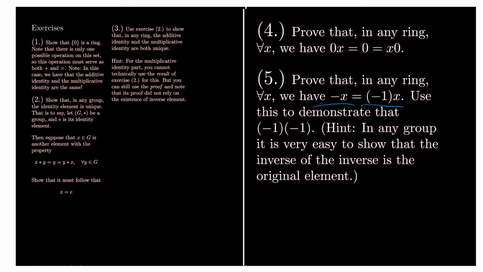Now, to give you a hint about how this goes, essentially what you'd like to do is to show that this thing on the right-hand side has the property that when it is added to x, the result is 0. That'll make it the additive inverse. Why does it make this the additive inverse? Well, a somewhat subtle but important step there is that we proved that the additive inverses are unique.